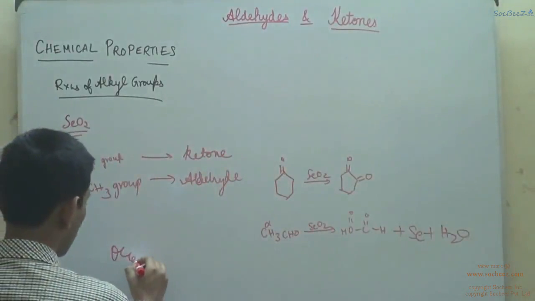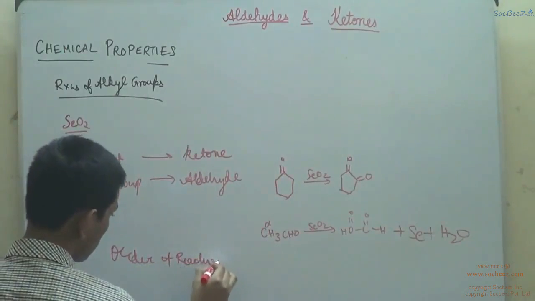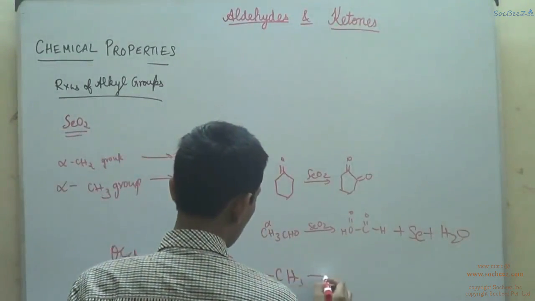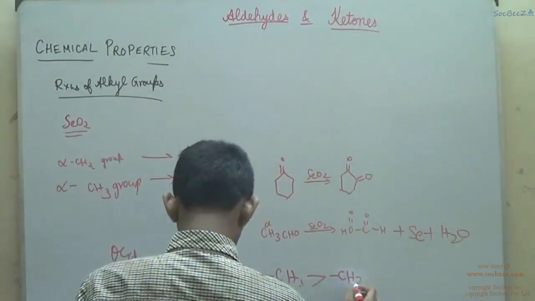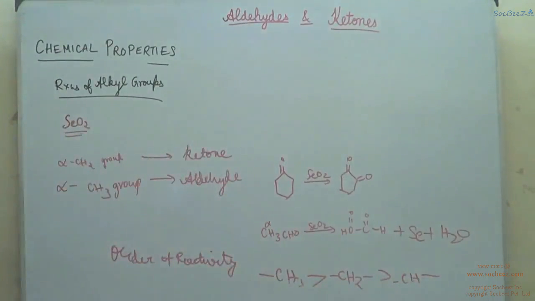So the order of reactivity is methyl greater than CH2 group greater than CH group. Okay, I hope it's clear.